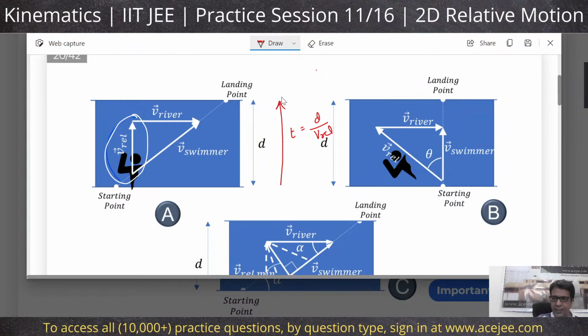Now turn on the river and let him float for the same amount of time. So he'll reach here. That's another way to visualize relative motion: first freeze the motion of the river, let the swimmer swim, and then add the motion of the river, for the same time.